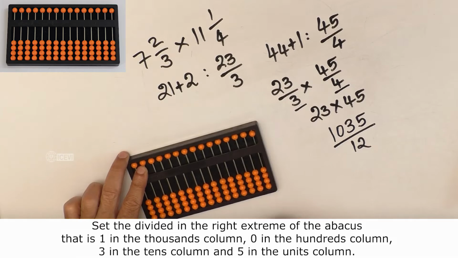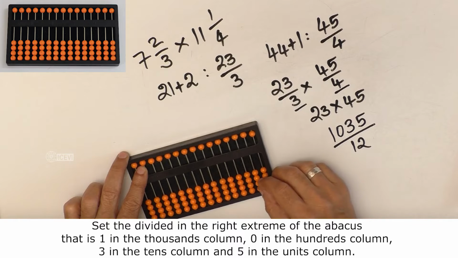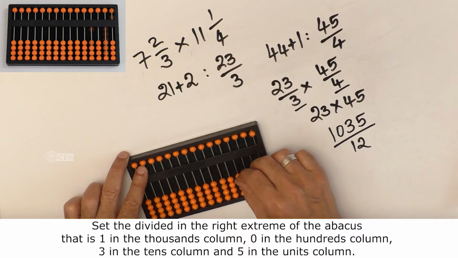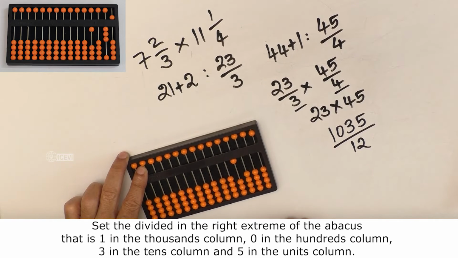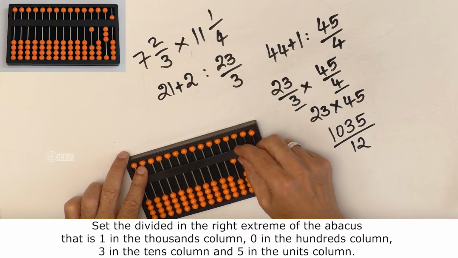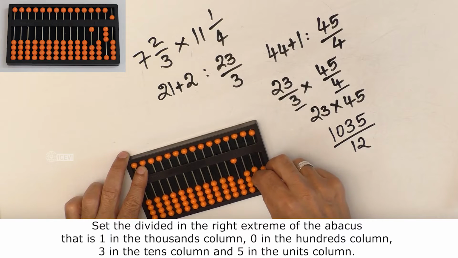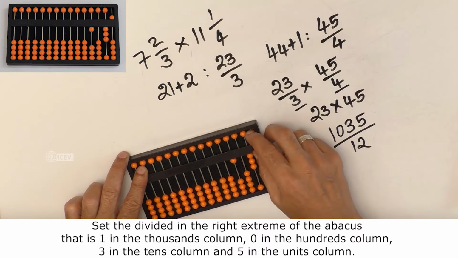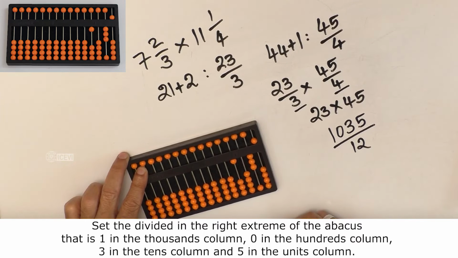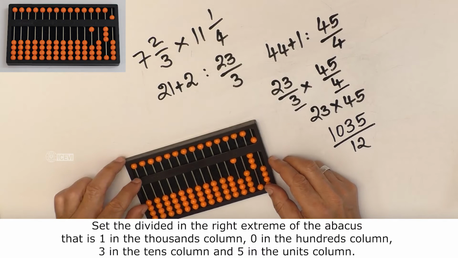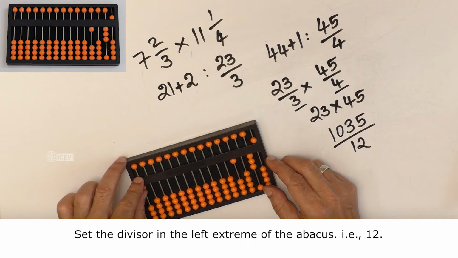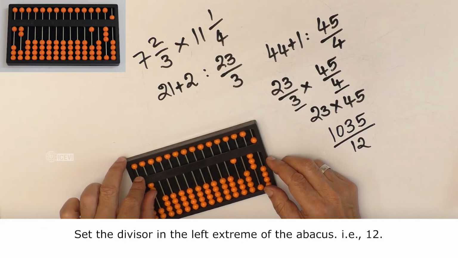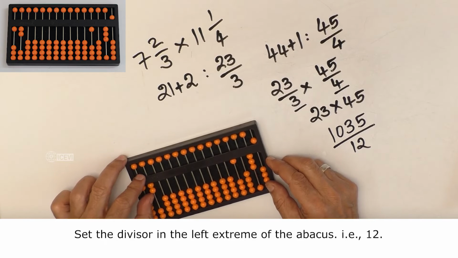Now set the dividend in the right extreme of the abacus, that is 1 in the thousands column, 0 in the hundreds column, 3 in the tens column and 5 in the units column. Set the divisor in the left extreme of the abacus, that is 12.